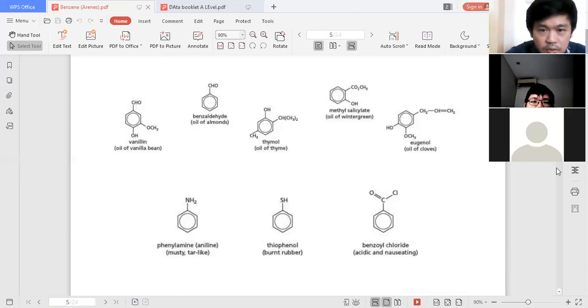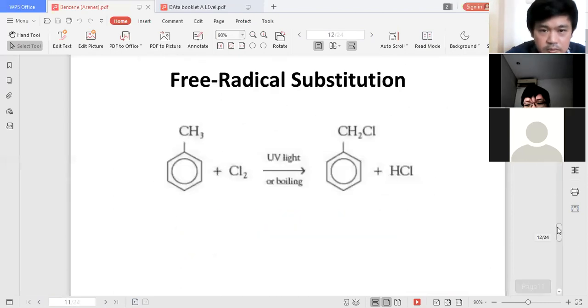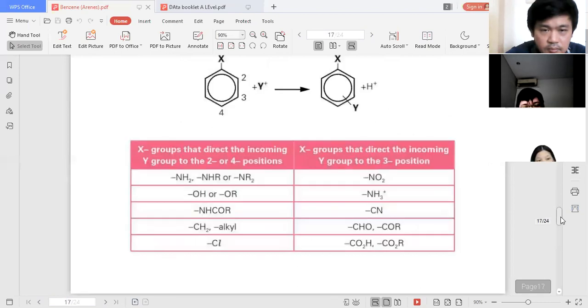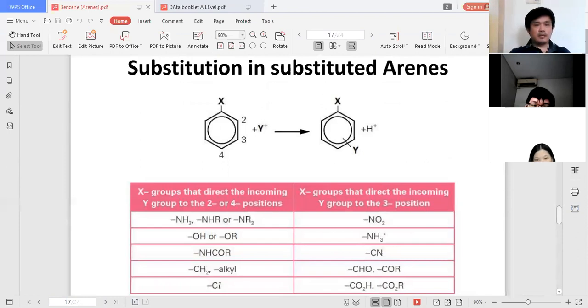Okay. And then let's go back to this one. Substitution in substituted benzene. What is the meaning of this table? There must be a meaning for this table.